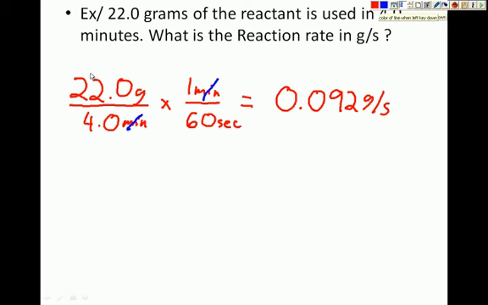This is 3 significant figures divided by 2 significant figures multiplied by a definition, or in other words, something with no sig figs. So 3 sig figs, 2 sig figs, our final answer should have 2 significant figures, which it does. And it's the right unit because our units cancelled.